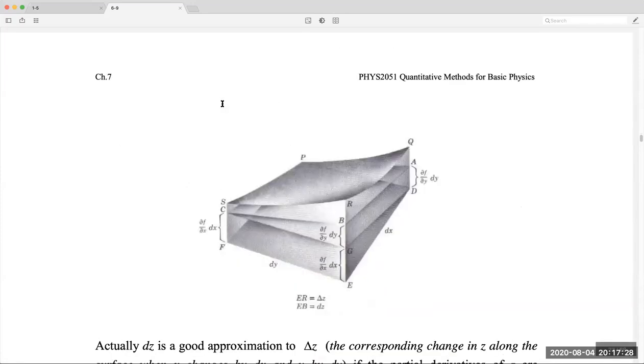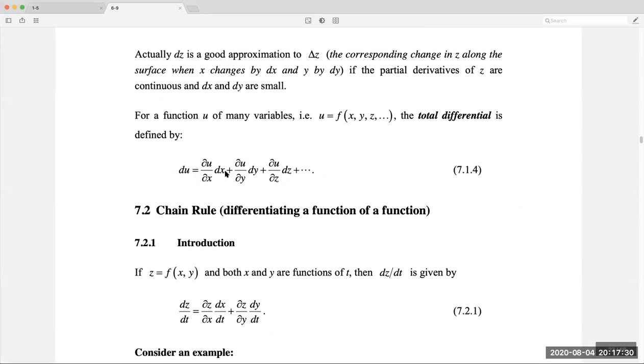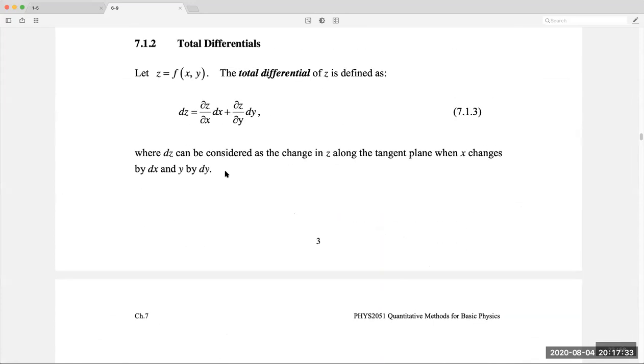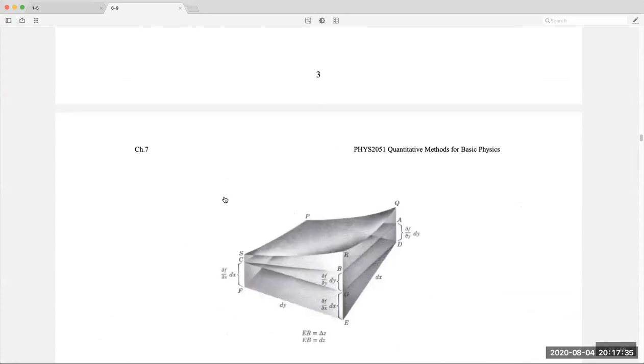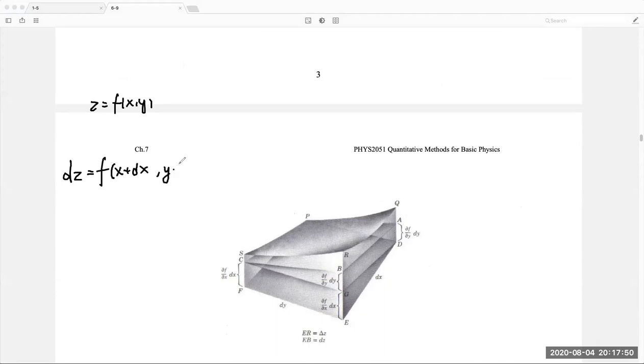To prove this one, you can look at this graph. That's how we define the dz. Z is a function of x and y. So it means f(x plus dx, y plus dy) minus f(x, y). So we can insert one part in this equation.